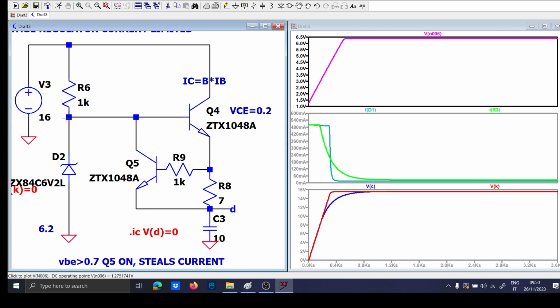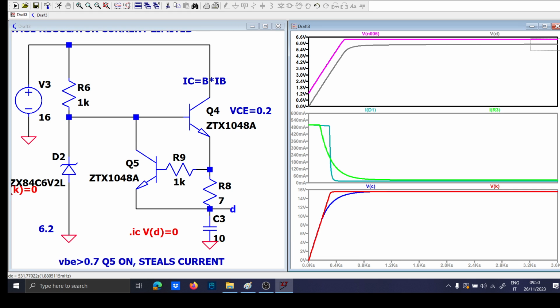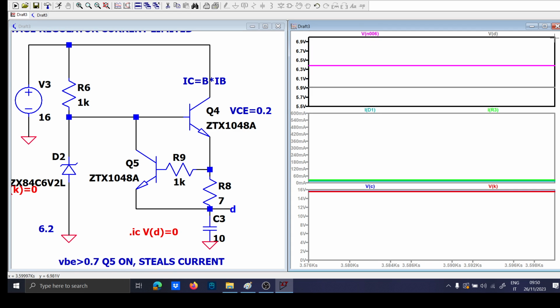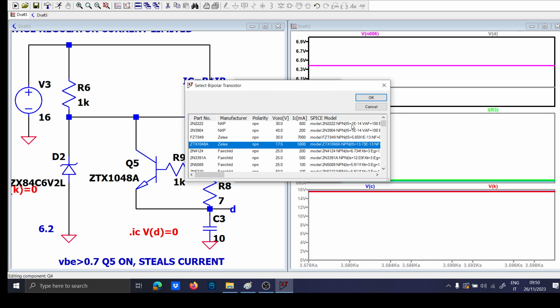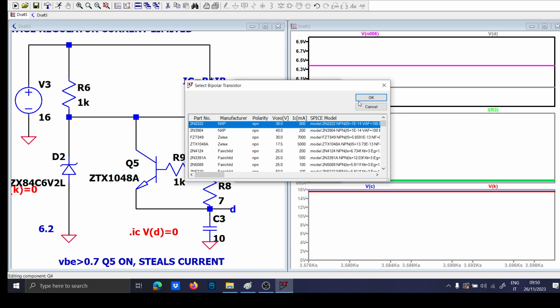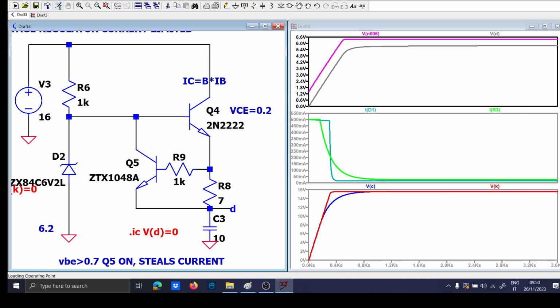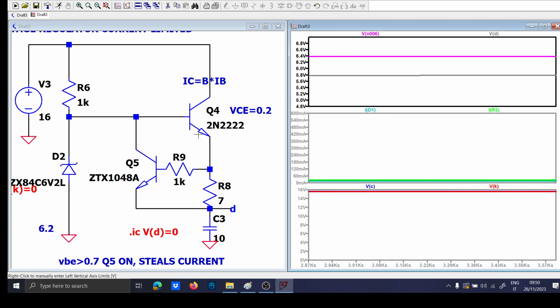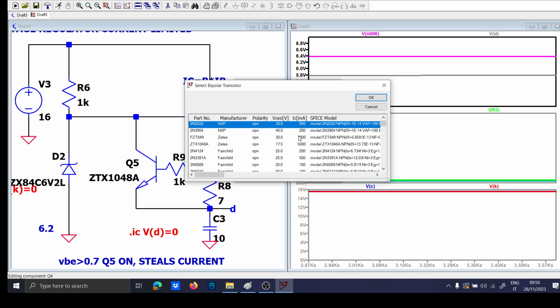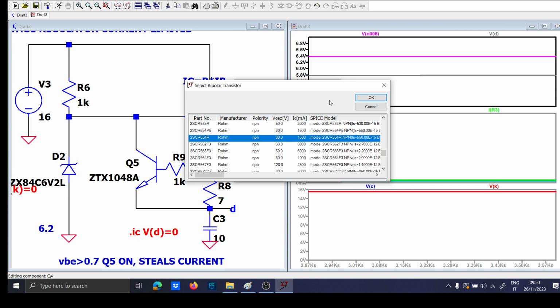So if I have here 6.5, here I have 6 point something, and the reason should be the VCE of this guy, which I don't know, honestly. So if I put this, probably I will have a different drop voltage. And in fact, it is correct. I have a different drop voltage. And okay, so we discovered the problem.